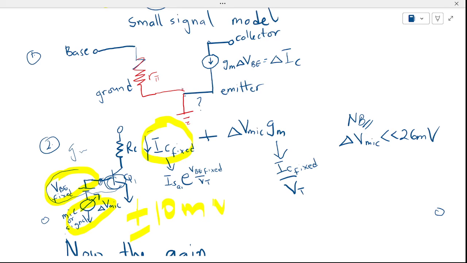So what happens is that if I apply some form of voltage here, V1, whatever, VBE, now that voltage will also be across this resistor here.